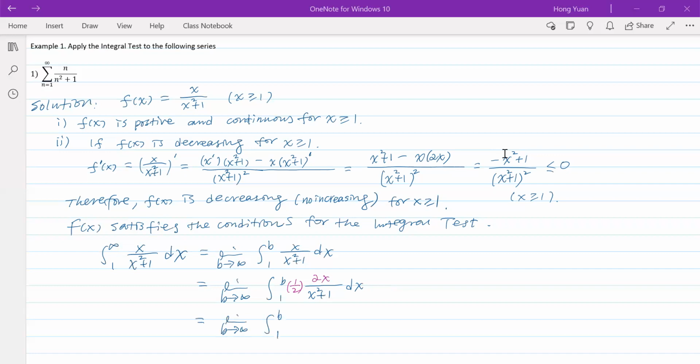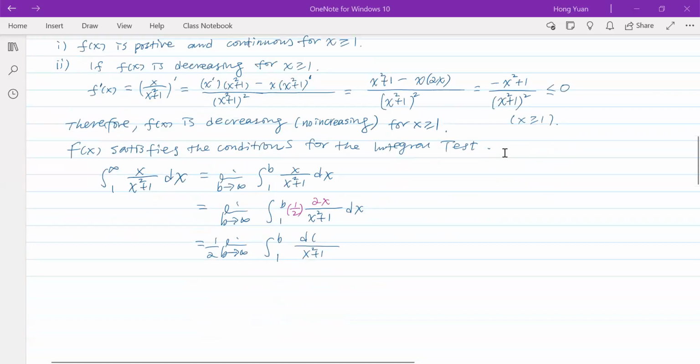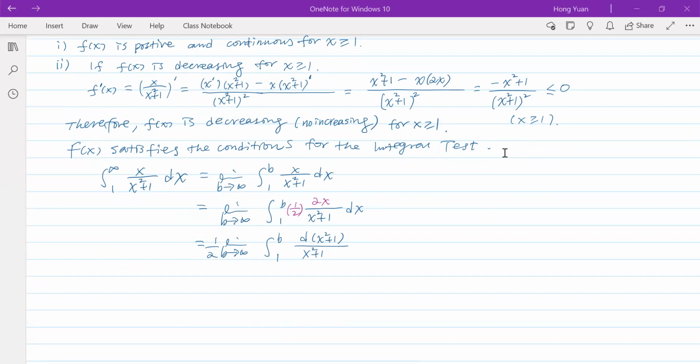We put a 1/2 outside. Then here we have d of x squared plus 1, so we can use the log rule. It equals 1/2 times the limit as b approaches infinity of ln of x squared plus 1, from 1 to b.